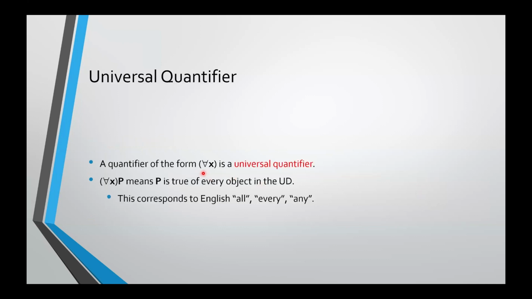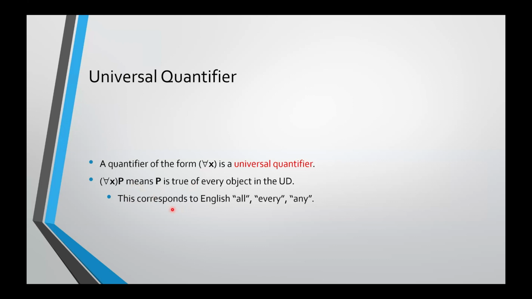So if you have a quantifier of this form, the upside down A, and now remember what this is, right? This boldface X is a metavariable that refers to any individual variable, so any variable ranging over objects in the universe of discourse. A quantifier of this form is called a universal quantifier. If you have this in front of a formula of PL, what this means is that that formula is true of every object in the universe of discourse.